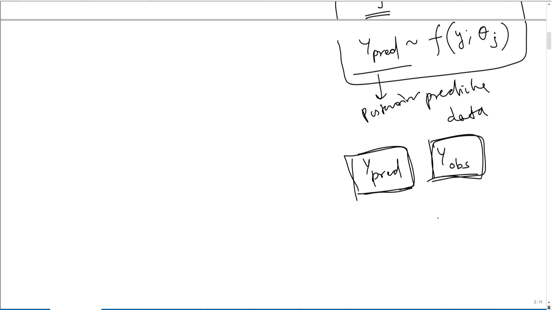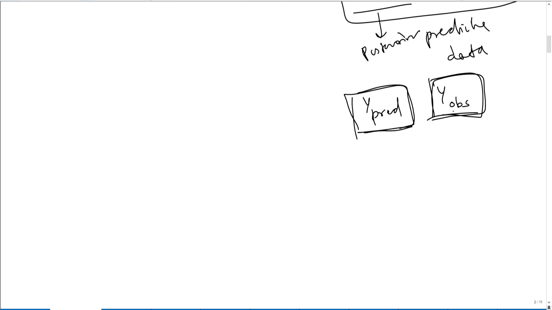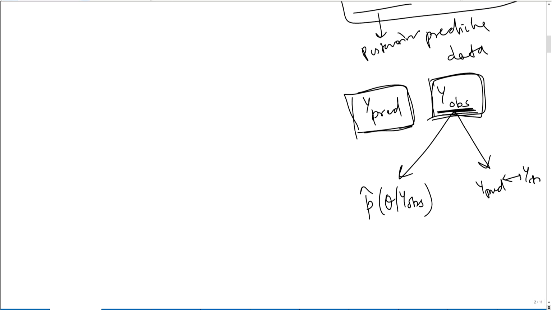Well, the problem is that you used the same data to train your model, for parameter estimation, to obtain the posterior distribution of theta, and you use the same data to test your model, because then you compare y-pred against y-obs.